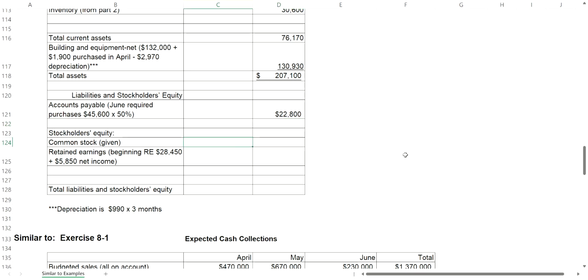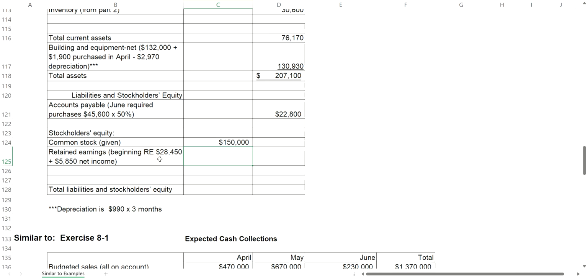Okay, the stockholders' equity was given at the beginning of the problem of $150,000, or I should say common stock was given $150,000. To get stockholders' equity, we're going to have to add in retained earnings to that. The beginning retained earnings was given to us at $28,450. We're going to add the net income from the budgeted income statement of $5,850.